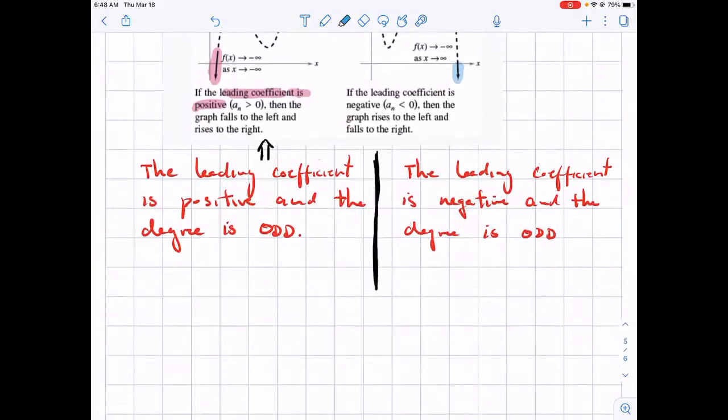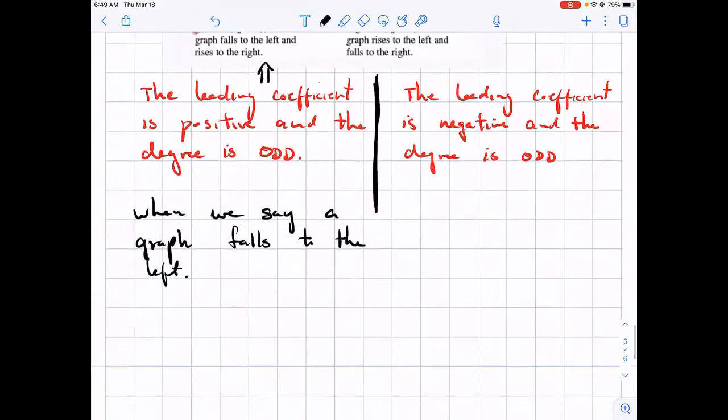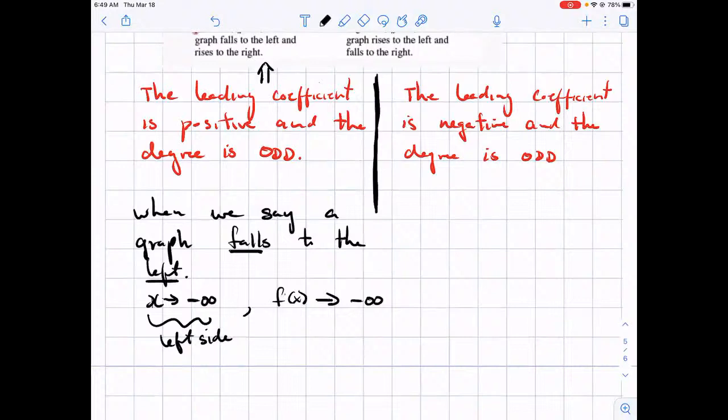When we say a graph falls to the left, what we're saying is that as x approaches negative infinity, the function f of x approaches minus infinity.